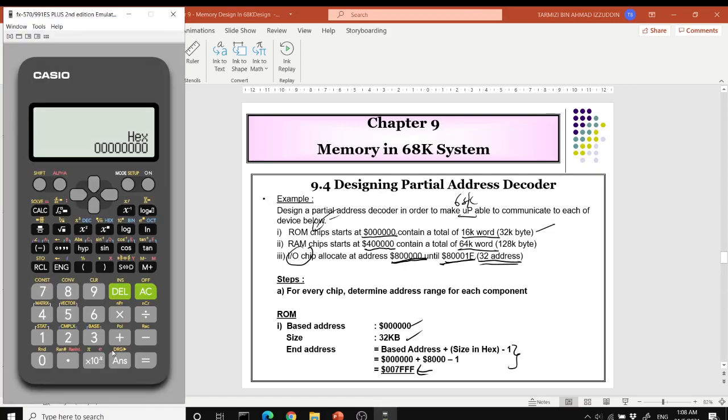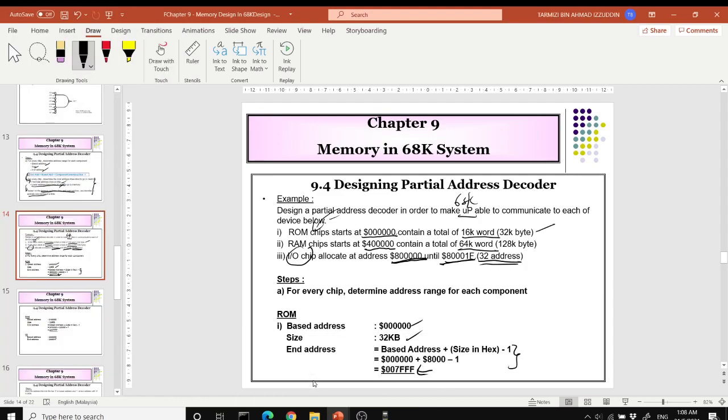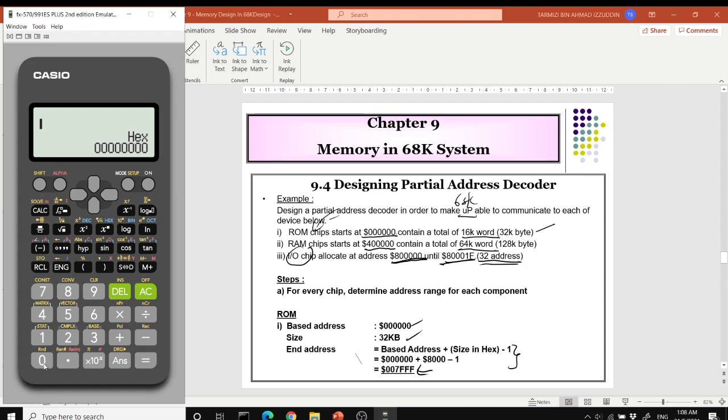You have your base address as 000000 in hex, and this will be added to the size of the memory allocated, that is, the size of the ROM chip that you are using.